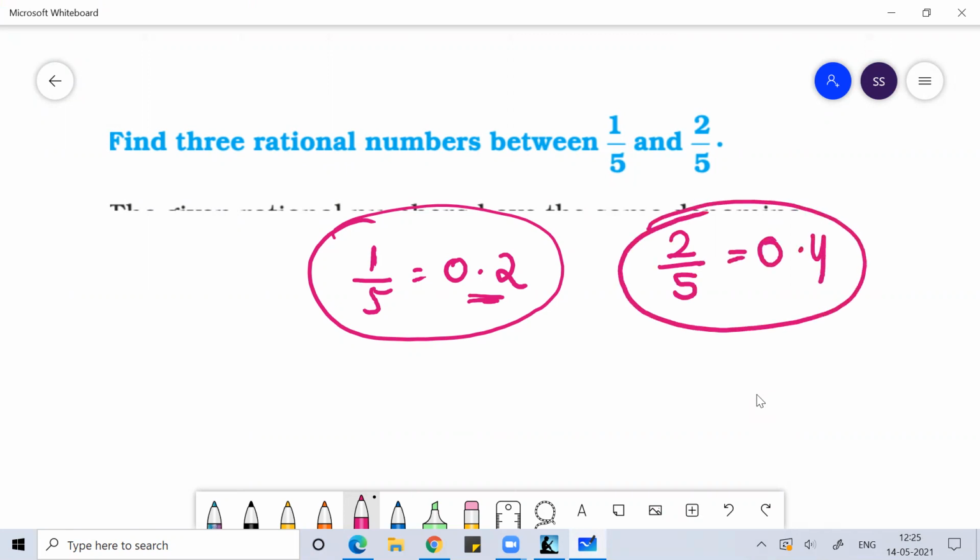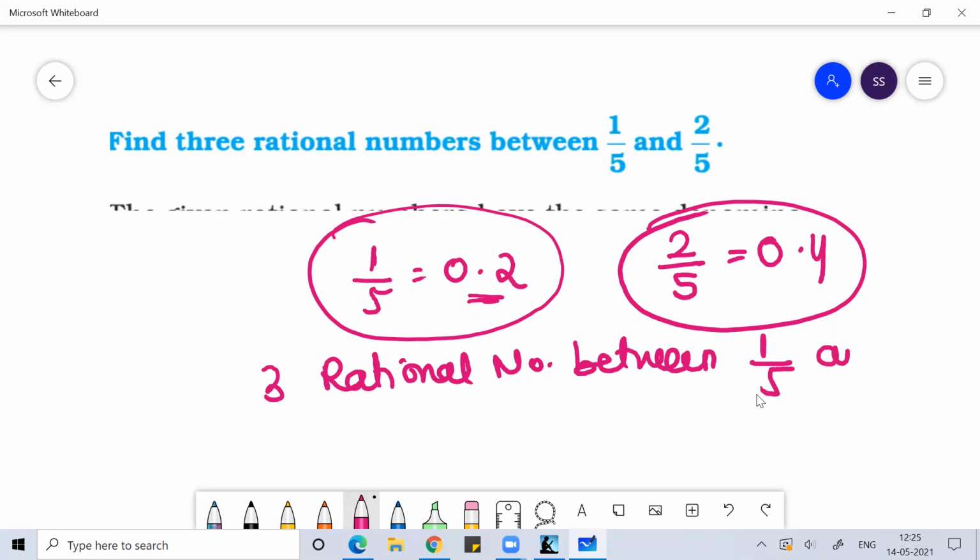So I want three rational numbers between 1 by 5 and 2 by 5. I know 1 by 5 is 0.2 and 2 by 5 is 0.4.